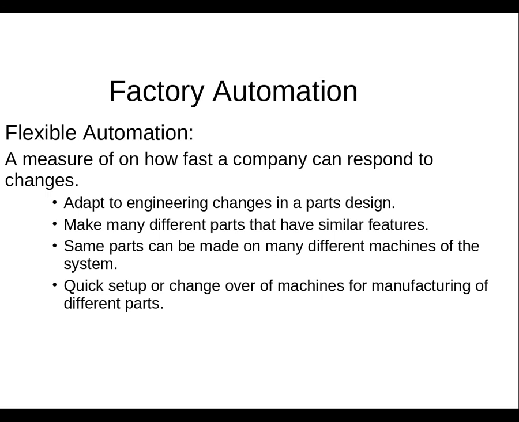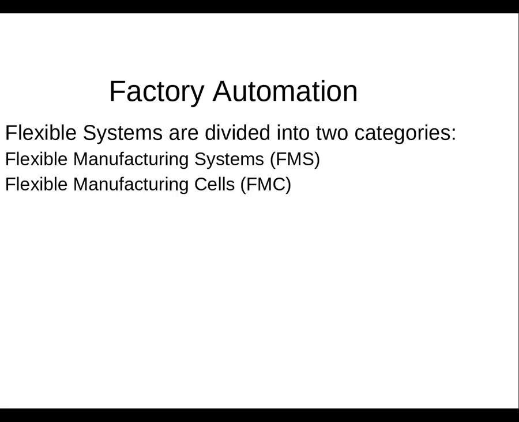So this car might have a sunroof, and the next car doesn't have a sunroof, or the color of them is different, and this one maybe has a big fancy stereo, and the other one's got the cheap stereo. So there's little bits in there that make them unique. So we need flexibility in our automation here.